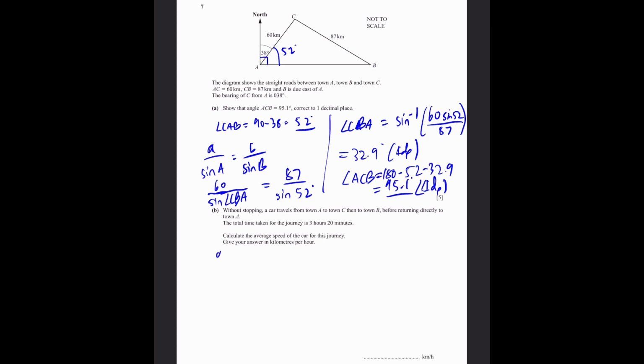Use sine law. a by sine A equals b by sine B. So now AB by sine of the angle opposite, which is 95.1, is equal to, let's take any other pair, let's say CB and this angle, so 87 by sine 52. Now AB will be 87 by sine 52 times sine 95.1, right?